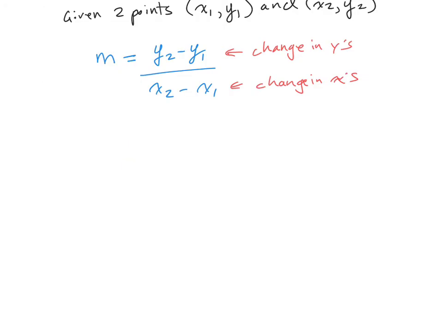Find the slope. Example 1: point A is (4, -10) and B is (-12, 25).